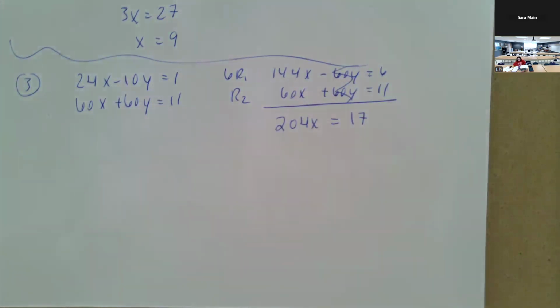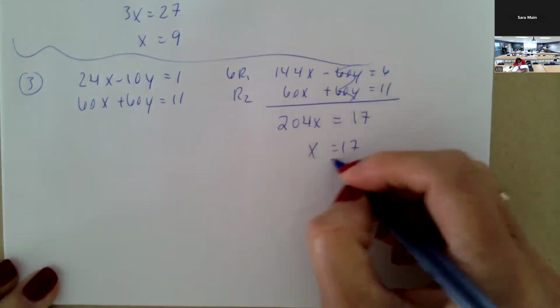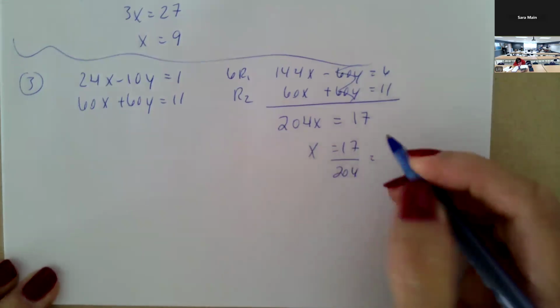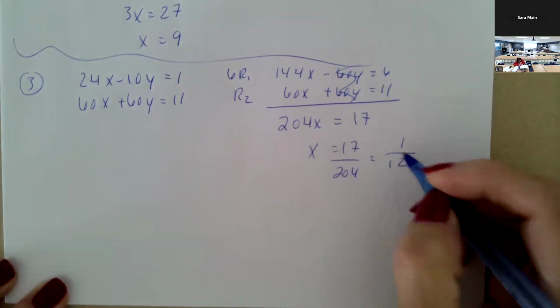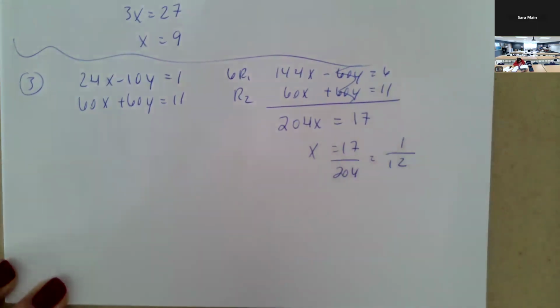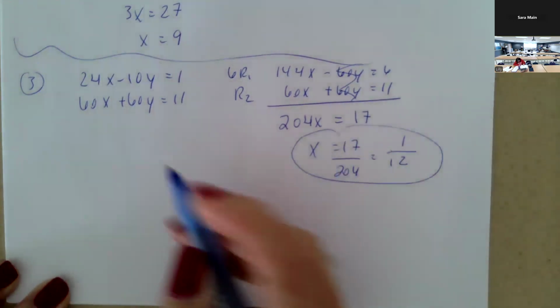So if we divide by 204 on both sides, that's going to be a quirky one. 17 goes into both, so it can just reduce to 1 over 12. So let's do that because that'll be easier to work with. So x equals 1 over 12.